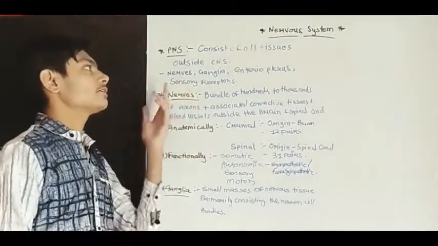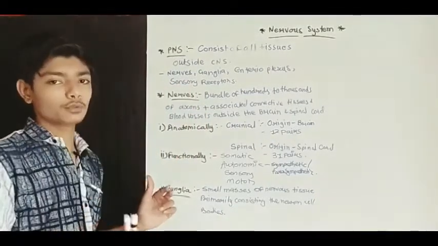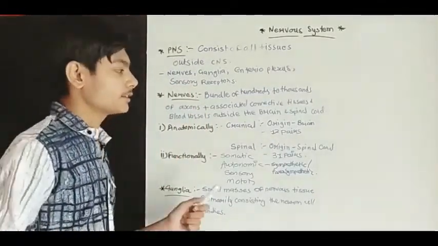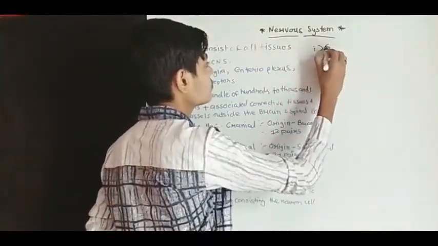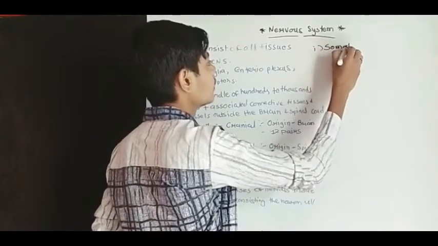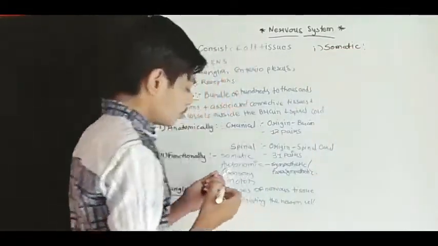Now our peripheral nervous system can be further divided into two types: one is the somatic nervous system and the other one is the autonomic system.